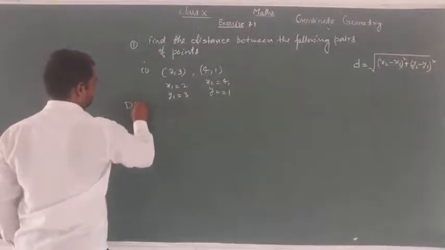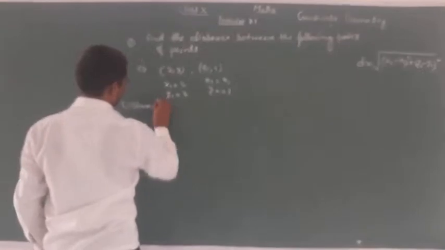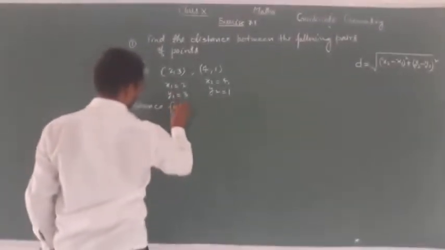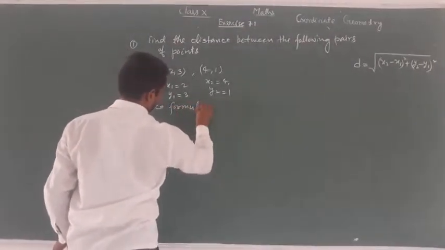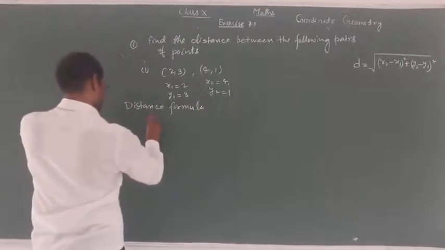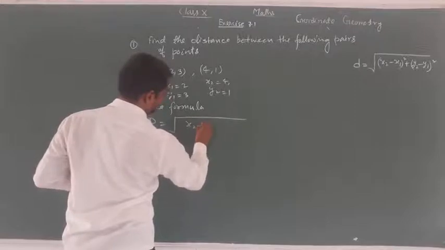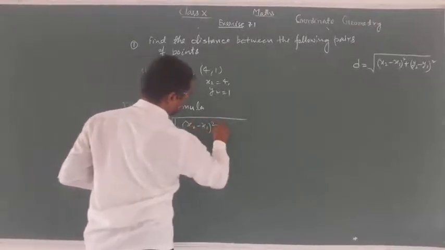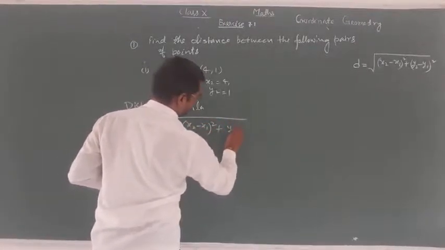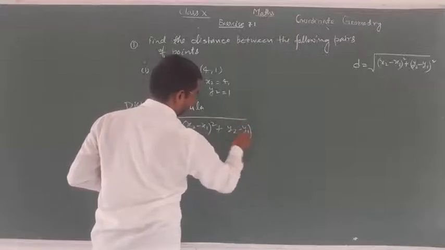Now the distance formula: D is equal to the square root of (x2 minus x1) square plus (y2 minus y1) square.